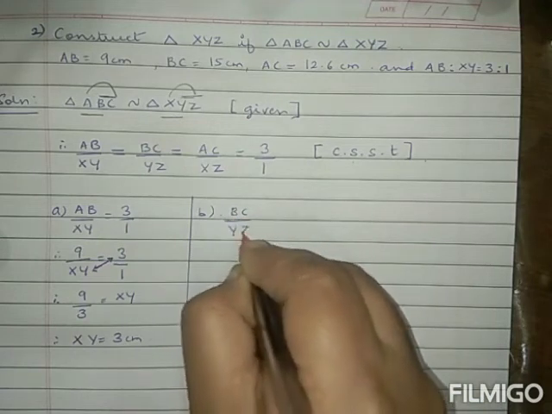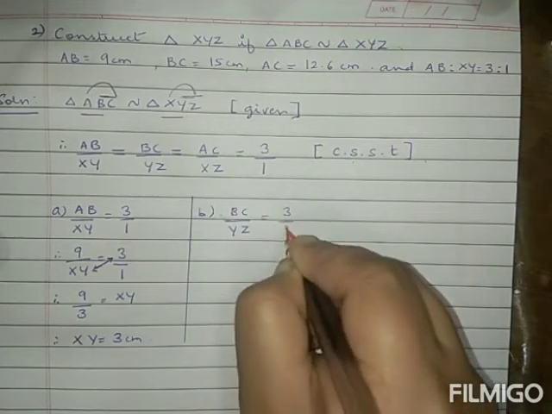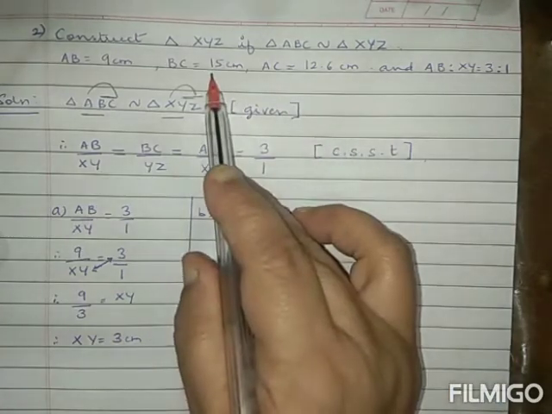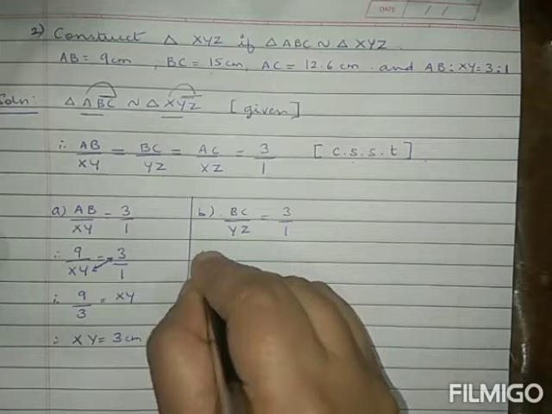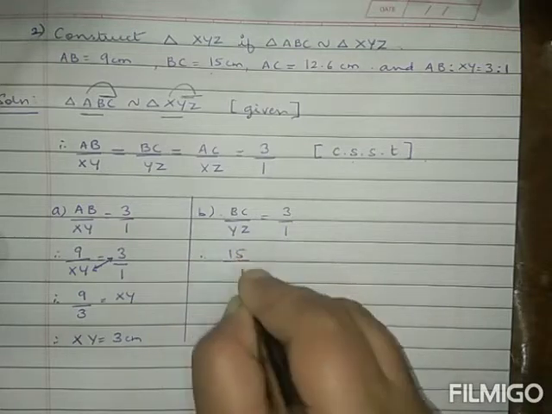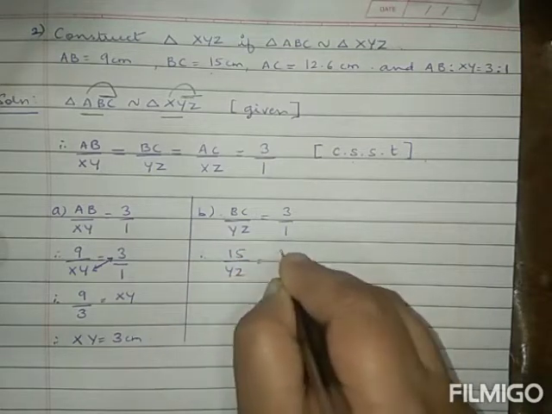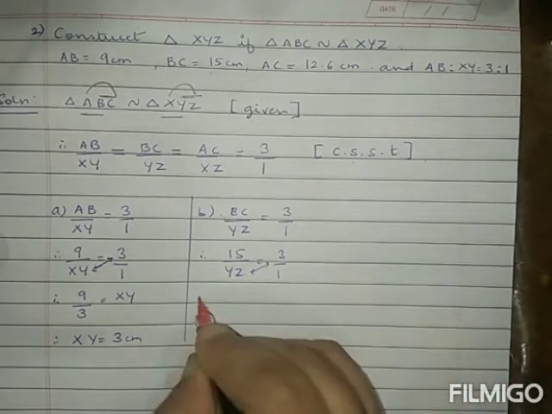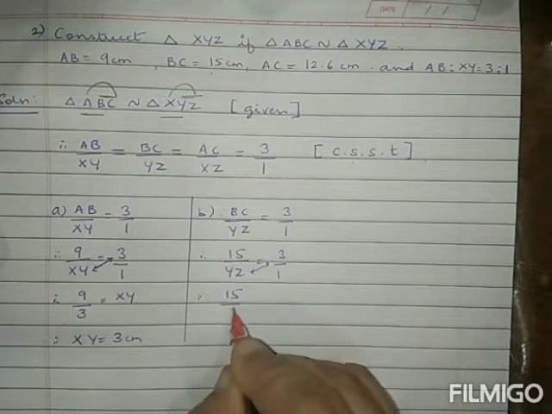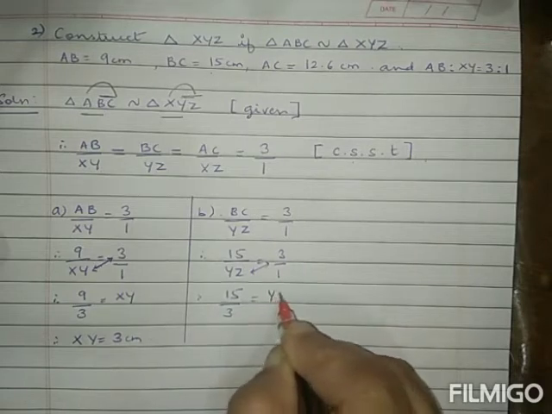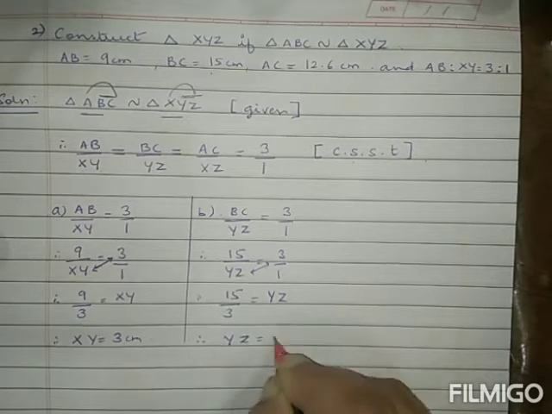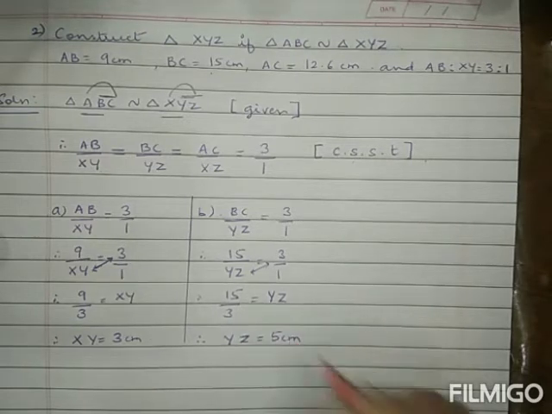BC upon YZ equal to 3/1. BC is known to us as 15. Therefore, 15 upon YZ is 3/1. Alternando, 15/3 equal to YZ. Therefore, YZ equal to 5 centimeters.